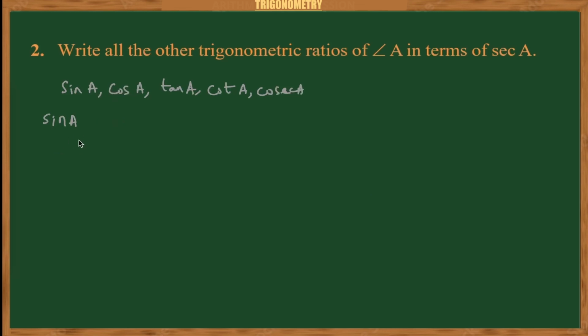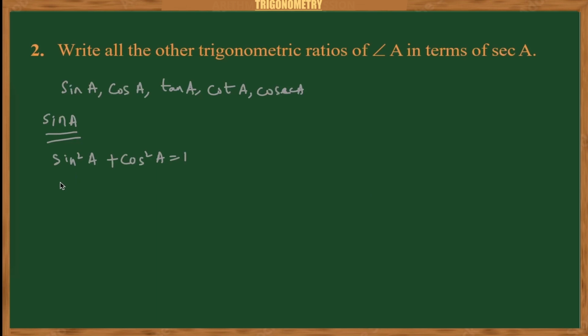So for sin A, we have the formula sin square A plus cos square A is equal to 1.